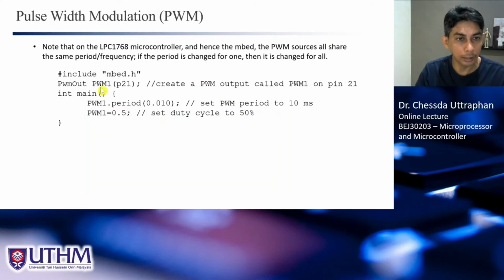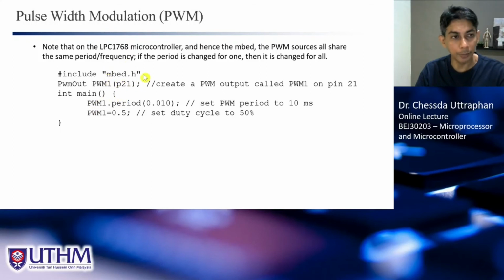So let's look at this example. This is how we create the PWM signal in the mbed microcontroller. In this case, PwmOut is named PWM1, and this is from pin P21. So creating the PWM signal is straightforward using the mbed API.